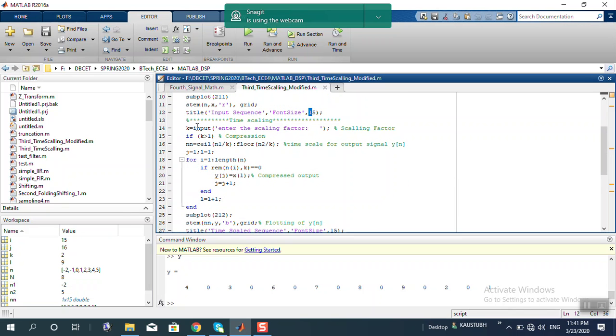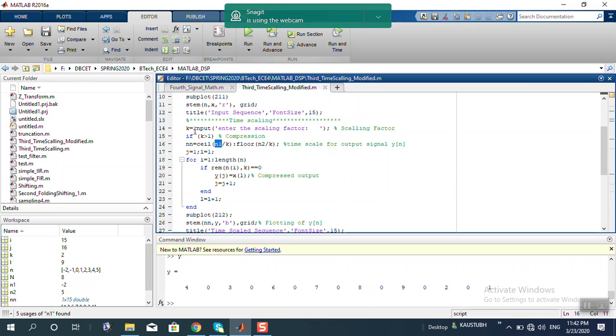Now the time scaling. To get the value of the scale factor k, we are using the same command again: enter the scaling factor. Now as I already mentioned, if k is greater than 1, then it is compression. Of course remember this k has to be an integer. So we have to compress the time scale first. So this is the compressed time scale. n1 was the original time index.